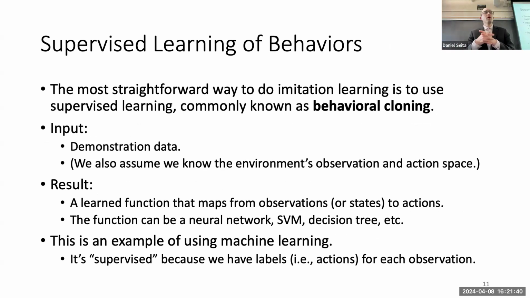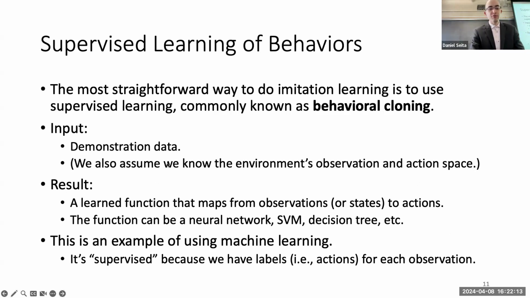When talking about imitation learning, there are a couple of different algorithms that are commonly used. The most straightforward one, and the easiest one to understand, which is also what you're implementing in the homework, is supervised learning of behavior, or what is commonly called behavioral cloning. Again, the input is the standard demonstration data that you assume from the problem.